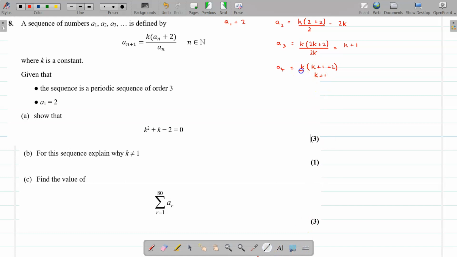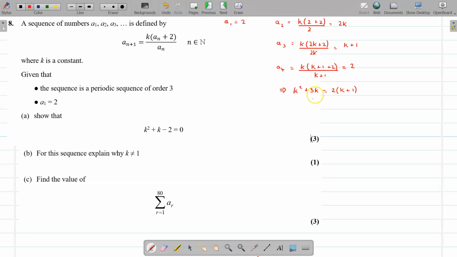Okay, but we also know that A4 is the same as A1 because of the period of 3, so it's also equal to 2. And now we just have to rearrange this equation, and we get that k squared plus 3k, if I multiply that top bracket out, is equal to 2 lots of k plus 1, if I bring that up to the right.